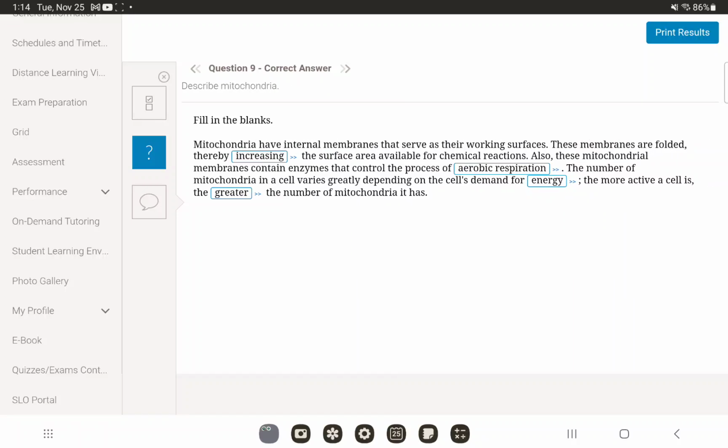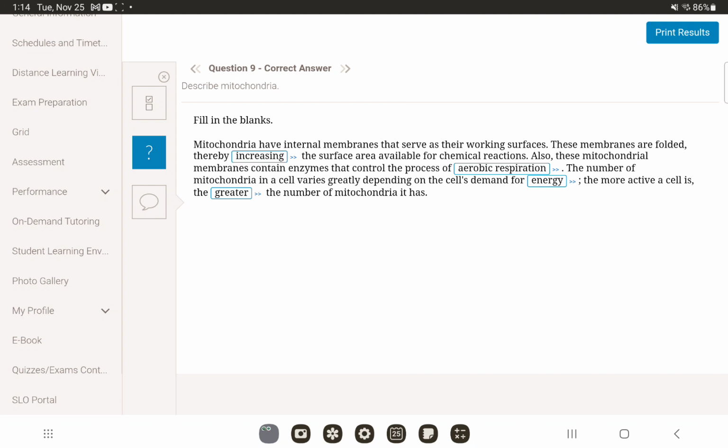Here, mitochondria have internal membranes that serve as their working surfaces. These membranes are folded, thereby increasing the surface area available for chemical reactions.